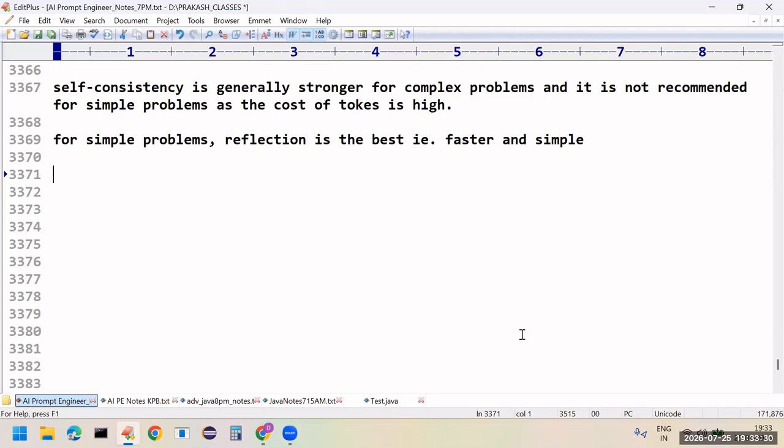So which is very costly? Token-wise, self-consistency is costly, but in a single shot we are getting the answer in self-consistency. Coming to reflection, we are not getting the answer in a single shot, right, sir? Yes. But the tokens are a little bit high, right, sir?